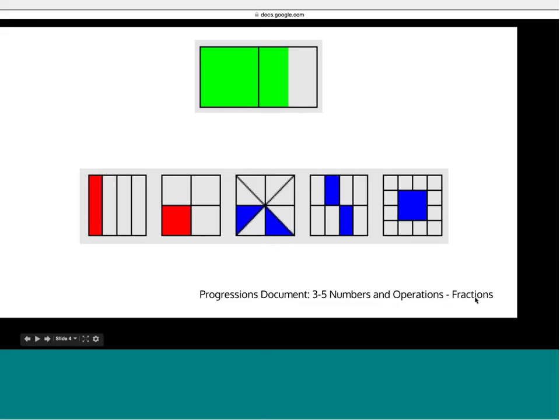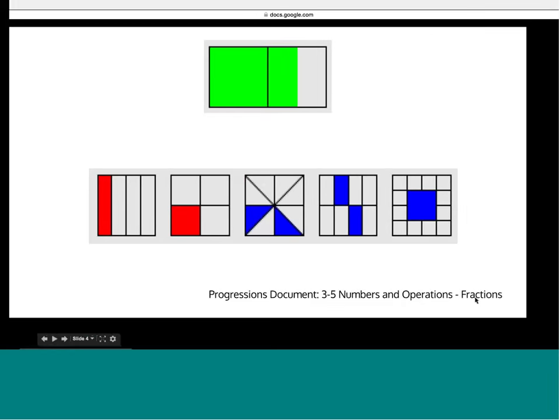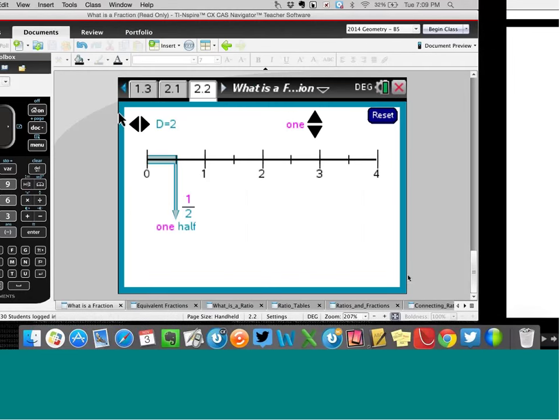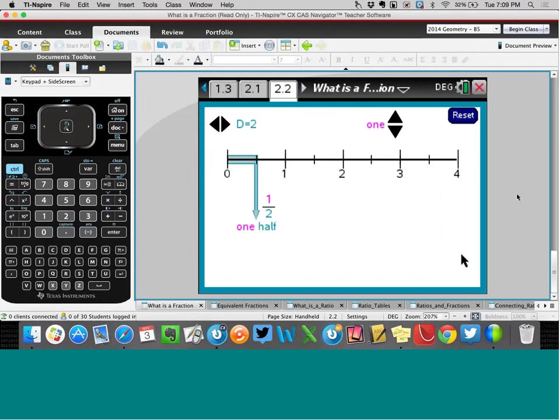So the Building Concepts TNS document gives students the opportunity to recognize what is a fraction. On the number line, the whole is the unit interval. For the fraction 1/b, here 1/2, we partition the unit interval into b equal parts, or as we see here, into 2 equal parts.